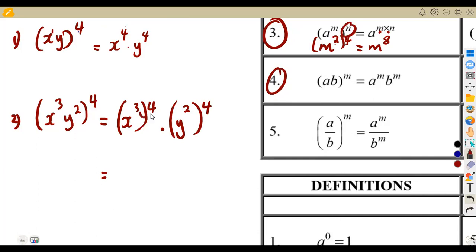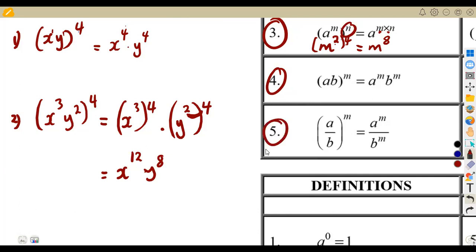So here I'm going to multiply 3 and 4. 3 times 4, which is a 12. So that will be x to the exponent of 12. I do the same thing on this y here, 2 times 4. So I'm going to obtain y to the exponent of 8. So that is the situation that we are seeing here.